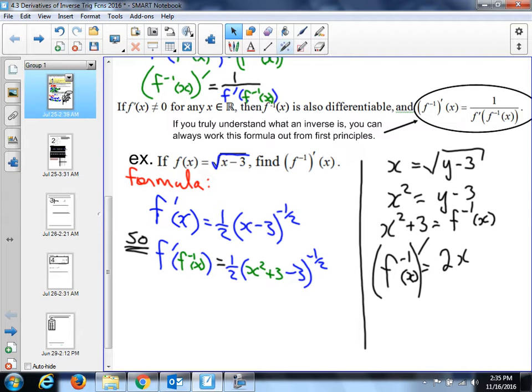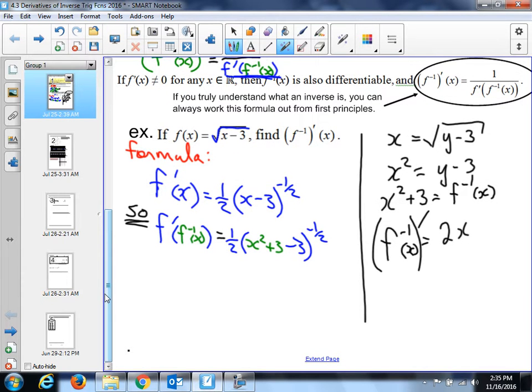Now, you guys can see how it simplifies, 3 minus 3, right? Inside. What am I figuring out? I'm figuring out this portion of the expression. So then you get x squared in there with the negative 1/2 around it. You have to remember what negative 1/2 means. So that is equal to 1/2 times x squared to the negative 1/2.